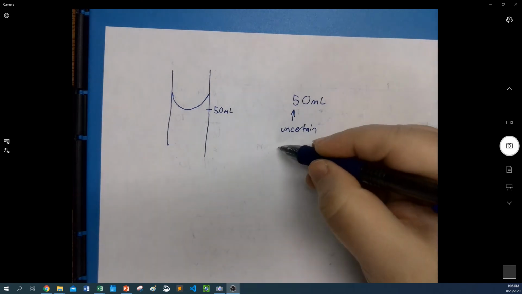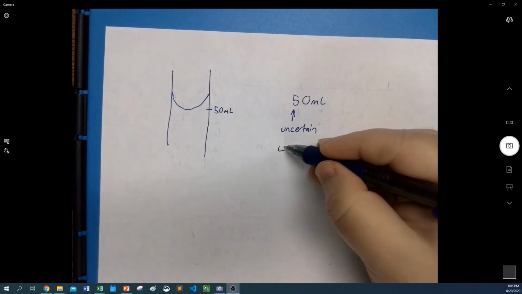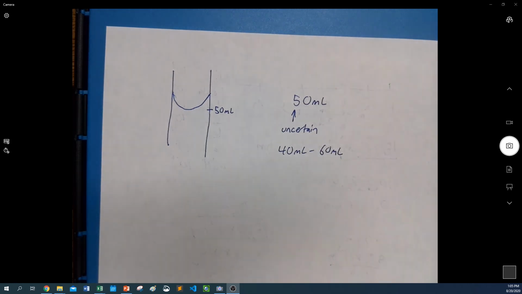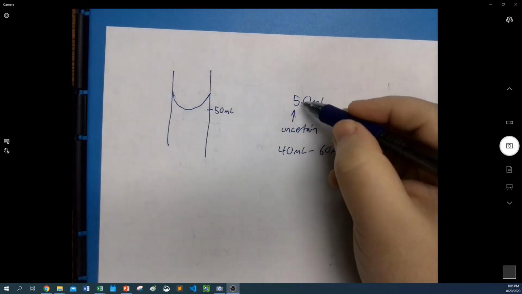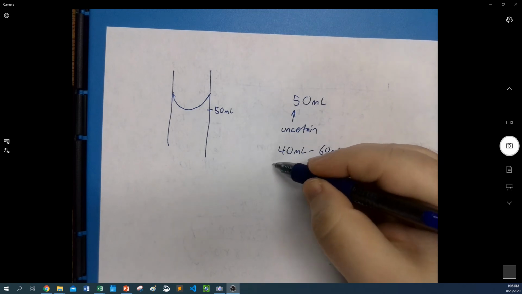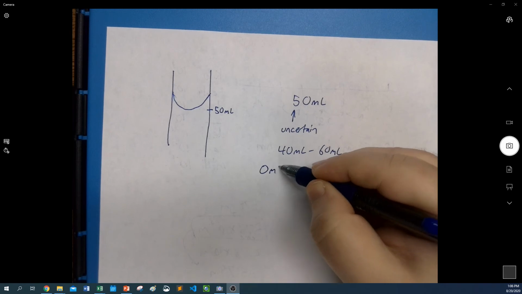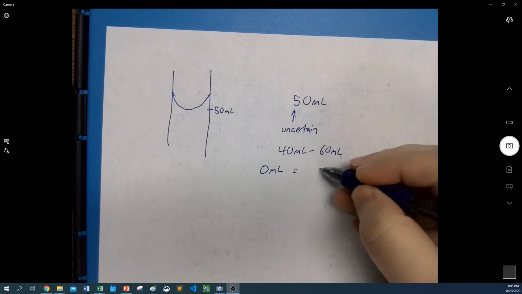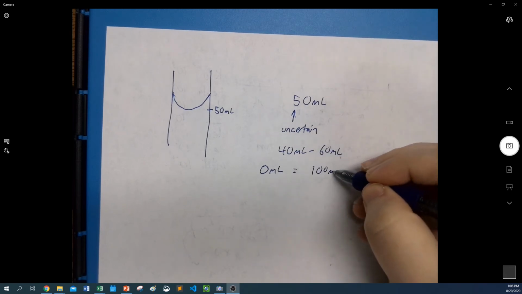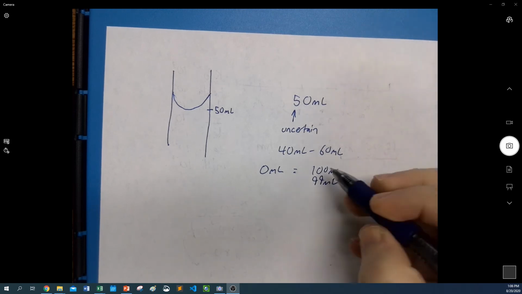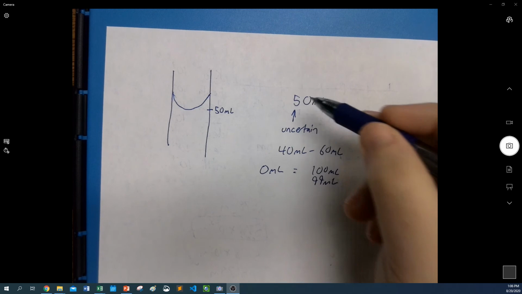Well, that means you're saying this is somewhere between 40 milliliters to 60 milliliters. That's a huge difference in value. Technically, you are really uncertain about it. If you're really uncertain, you could be anywhere between 0 milliliters and 100 milliliters, or 99 milliliters, or whatever.